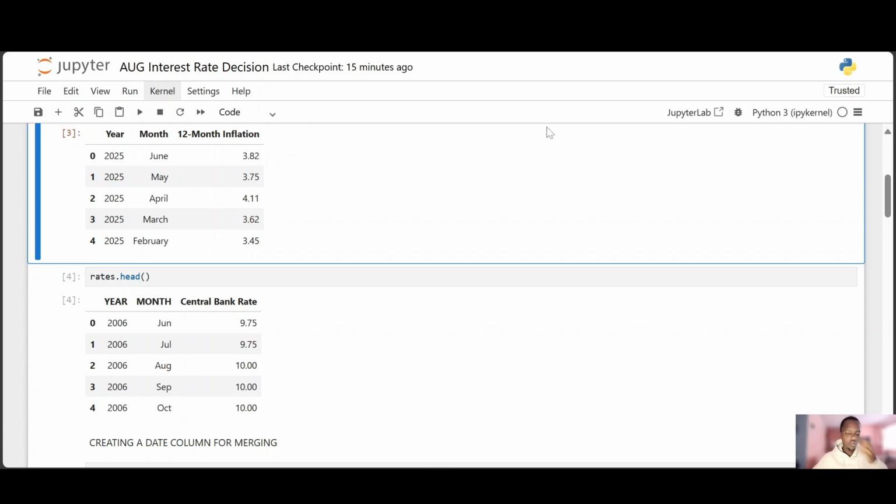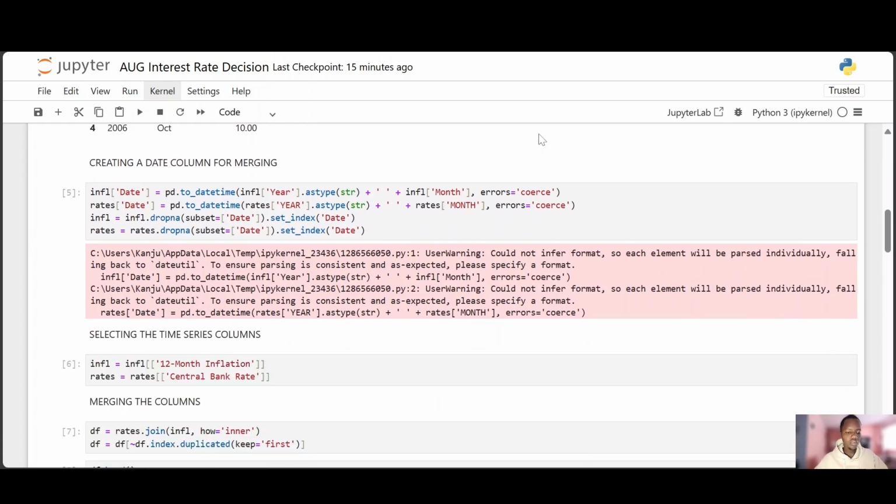So we're going to do that, and to do that, in each and every dataset, we add a date column. For the inflation dataset, the year will be the year column, the month is the month column, and we'll fill the day with 01.